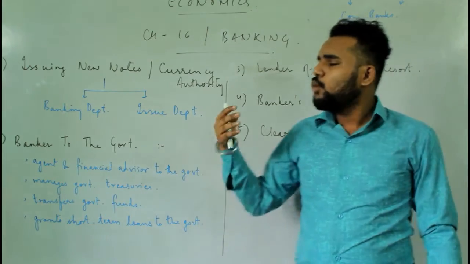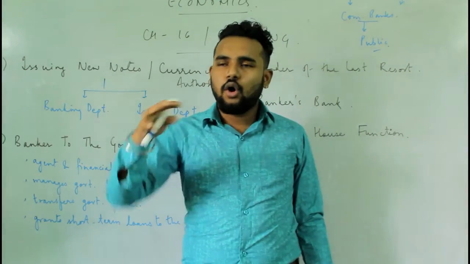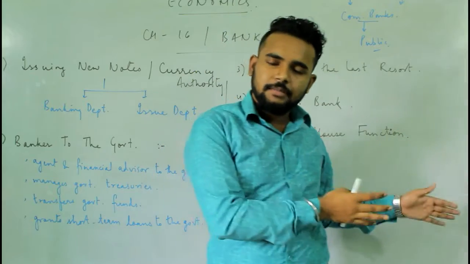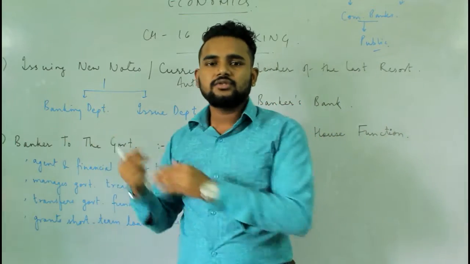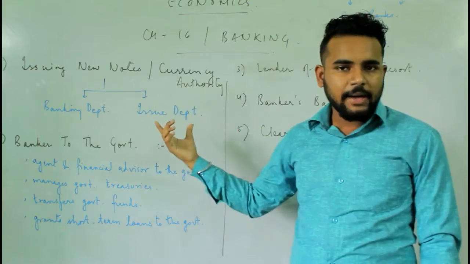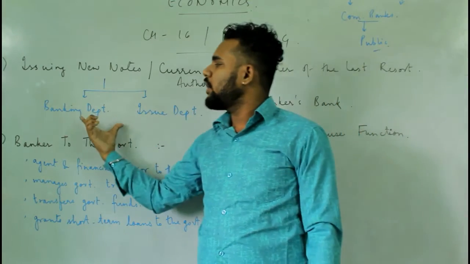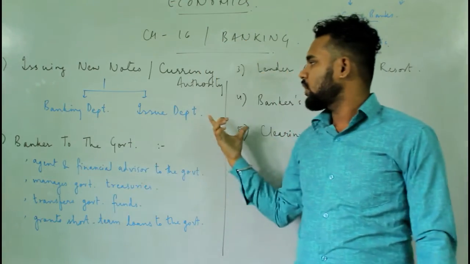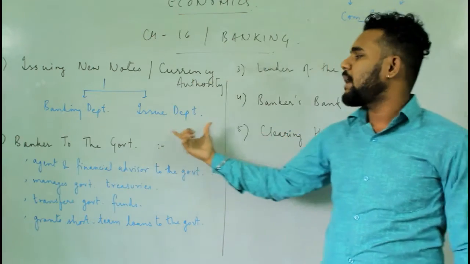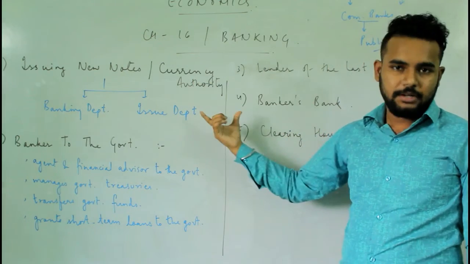Clear? Every country has their own central bank, like America's own, India's own, China's own. Most of the central banks have divided their work into 2 parts. One is the banking department, and one is the issue department.